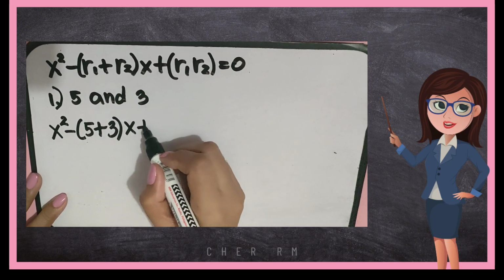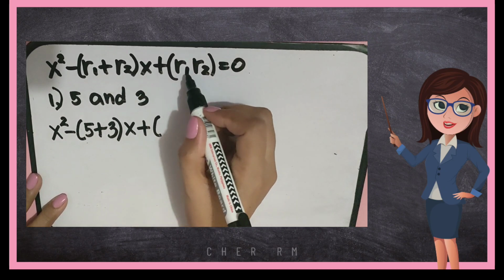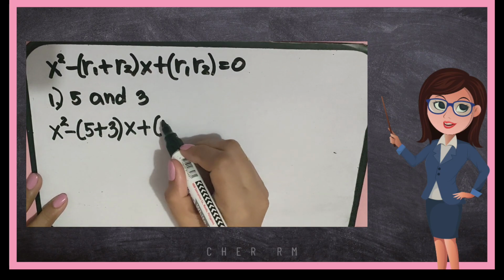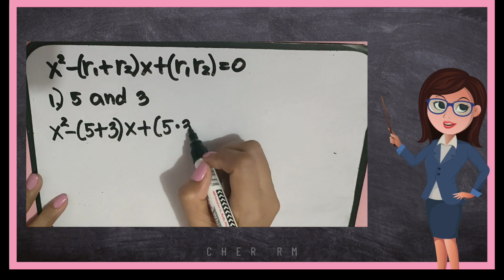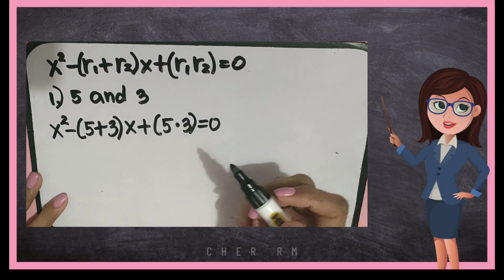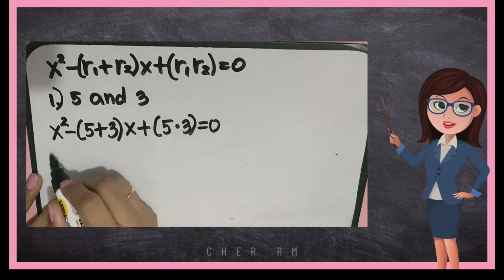Then positive sign, parenthesis. This time you will multiply the two roots, so you have 5 times 3 equals 0. Then simplify.